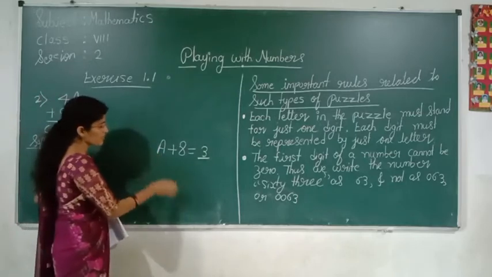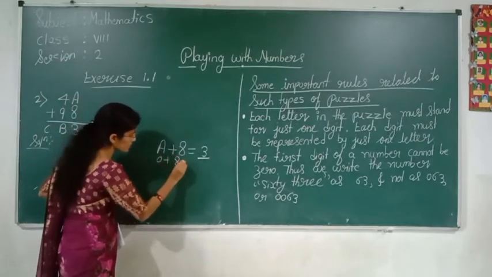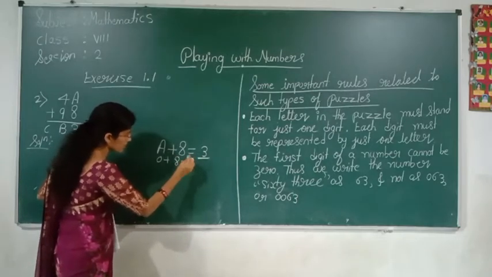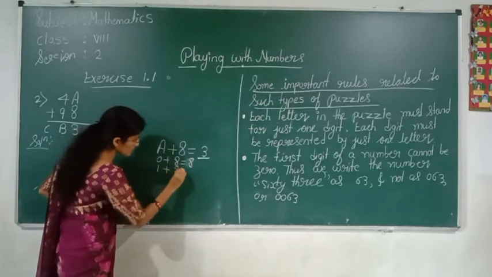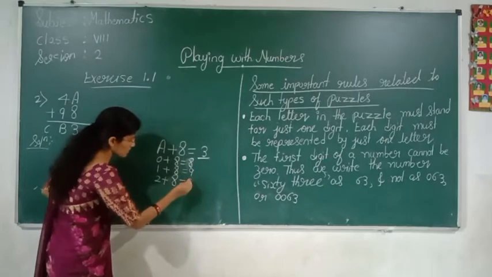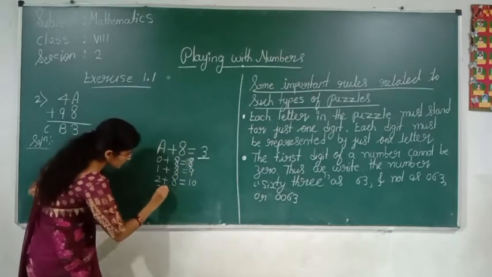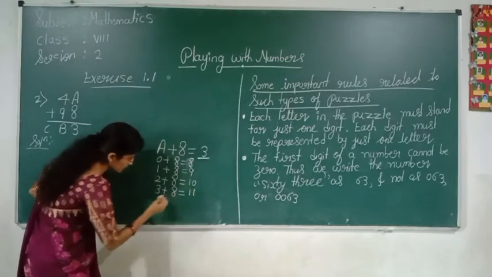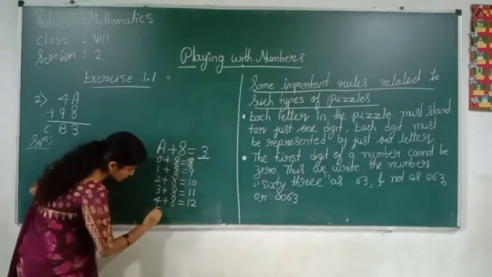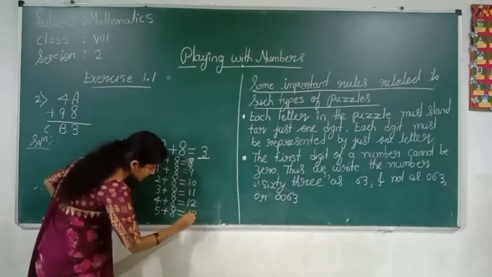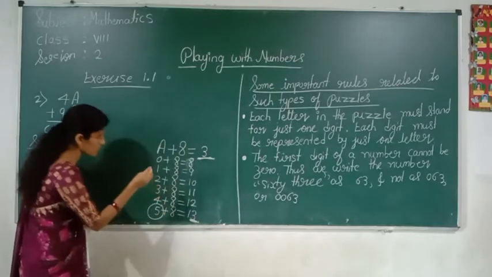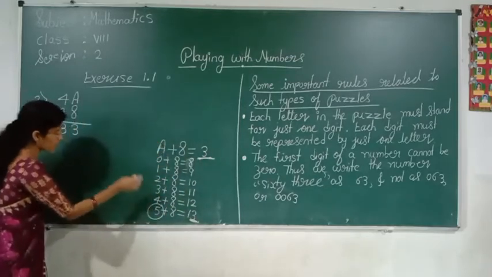If I put 0 plus 8, it will come 8. If I substitute 1, 1 plus 8 is 9. If I substitute 2, 2 plus 8 is 10. If I substitute 3, 3 plus 8 is 11. If I substitute 4, 4 plus 8 is 12. If I substitute 5, 5 plus 8 is 13. I want 3, no? Here 3 is coming. Means which is the correct value? I can substitute it in place of A, 5.